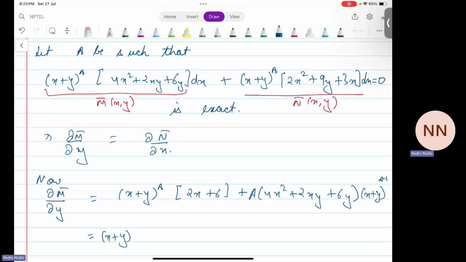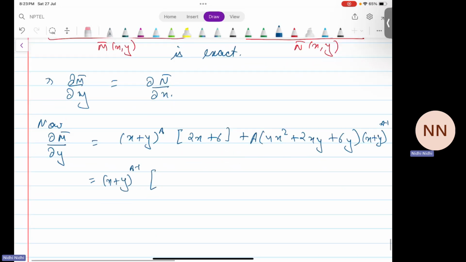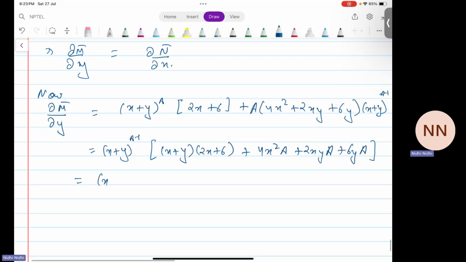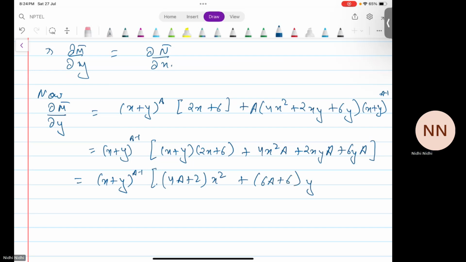Taking (x plus y) to the power a minus 1 common, we get (x plus y) times (2x plus 6) plus 4x square a plus 2xy a plus 6y a, which gives us (x plus y) to the power a minus 1 times [(4a plus 2) x square plus (6a plus 6) y plus 6x plus (2 plus 2a) xy].